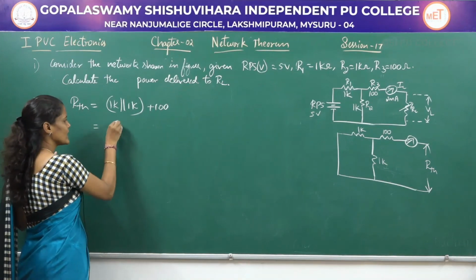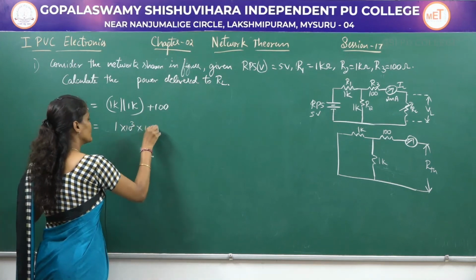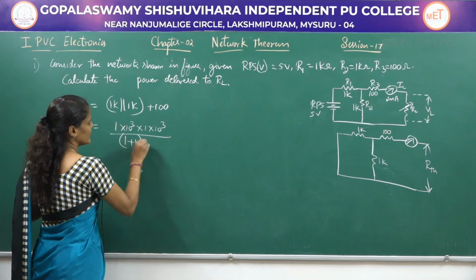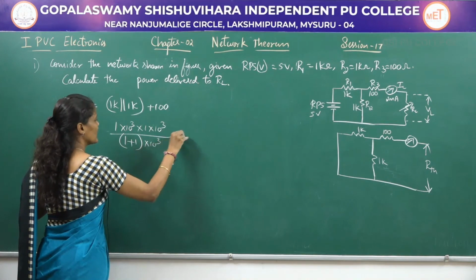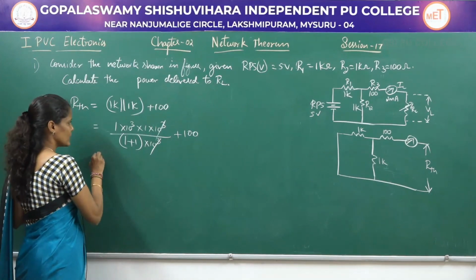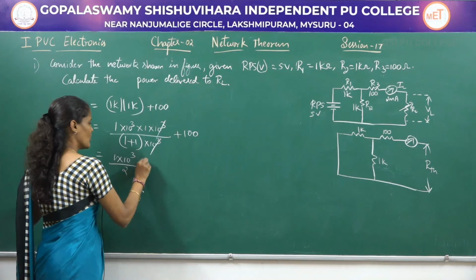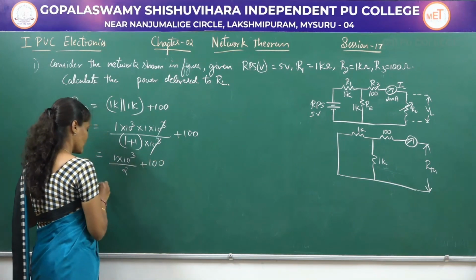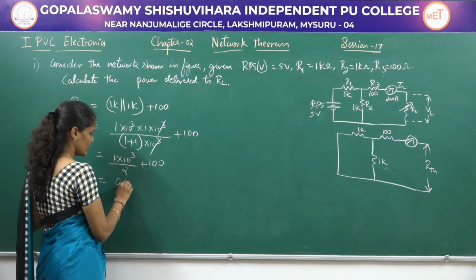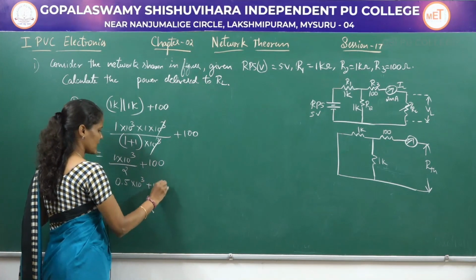So, 1 kilo in the sense 1 into 10 to the power of 3 into 1 into 10 to the power of 3 divided by 1 plus 1 into 10 to the power of 3, plus 100. 10 power 3 gets cancelled. So, 1 into 10 to the power of 3 divided by 2 plus 100. So, 1 divided by 2 into 10 to the power of 3 gives me 0.5 into 10 to the power of 3 plus 100.